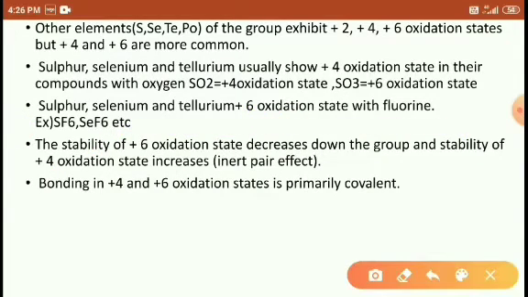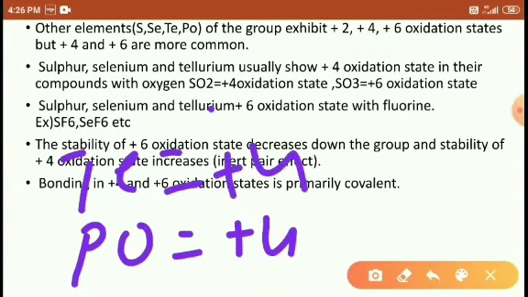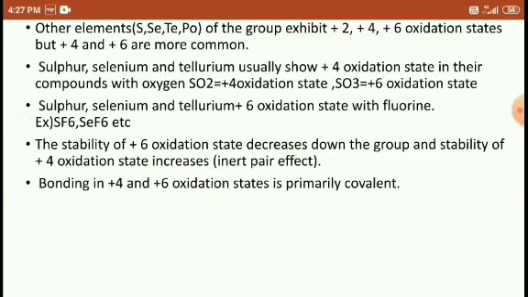When you compare tellurium and polonium, in polonium the +4 oxidation state increases, and tellurium also shows the +4 oxidation state. So the stability increases due to the inert pair effect. The stability of the +6 oxidation state decreases and the stability of the +4 oxidation state increases, that is the inert pair effect.